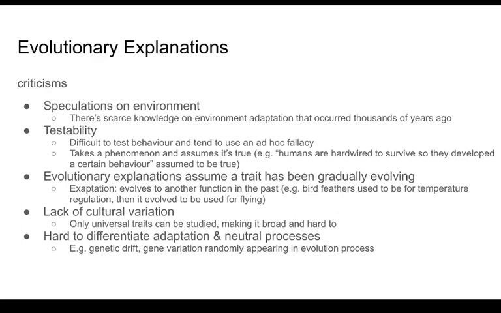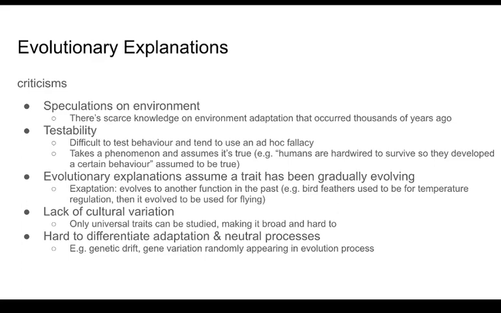Sometimes it may be that a trait used to have a certain function, but then that function just disappears or gets used for a different function. An example of this is exaptation, like how birds used to use feathers for temperature regulation, but through evolution, they managed to use their feathers to also be able to fly.